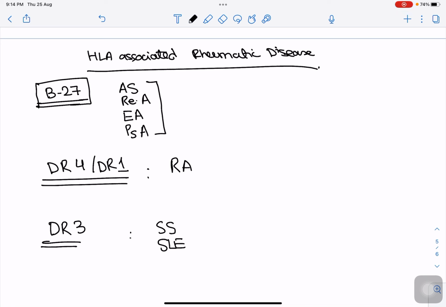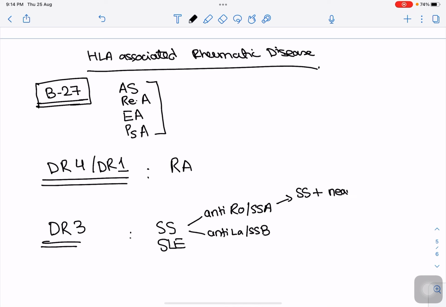DR3 is associated with anti-Ro, which is also known as SSA, or La, which is SSB.